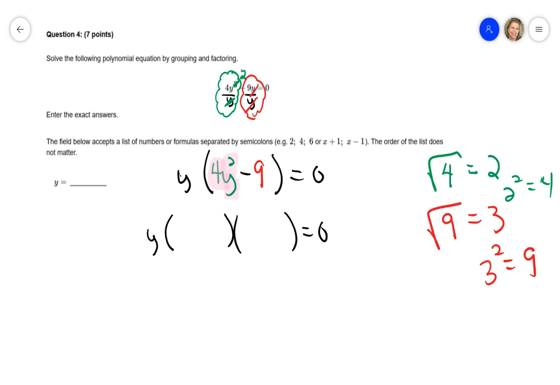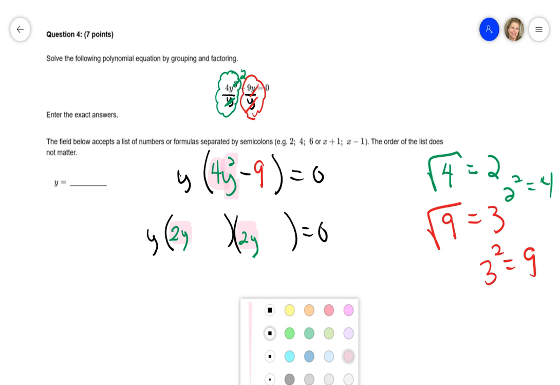So for the 4y squared, I'm going to split it here and here, and that's going to be a 2y times another 2y. Since this is a minus sign right here, my two signs have to be opposites. One has to be a plus and the other has to be a minus, because a positive times a negative would give you a negative.